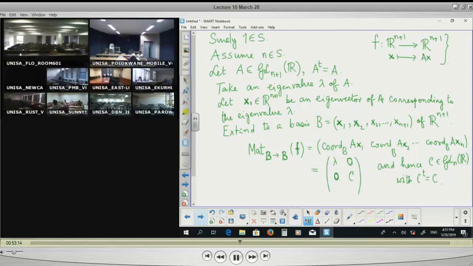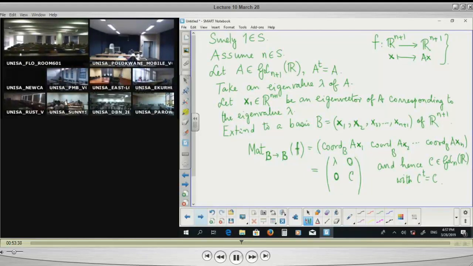okay? And then every eigenvalue of C has its algebraic and geometric multiplicity the same. Okay? One minute.